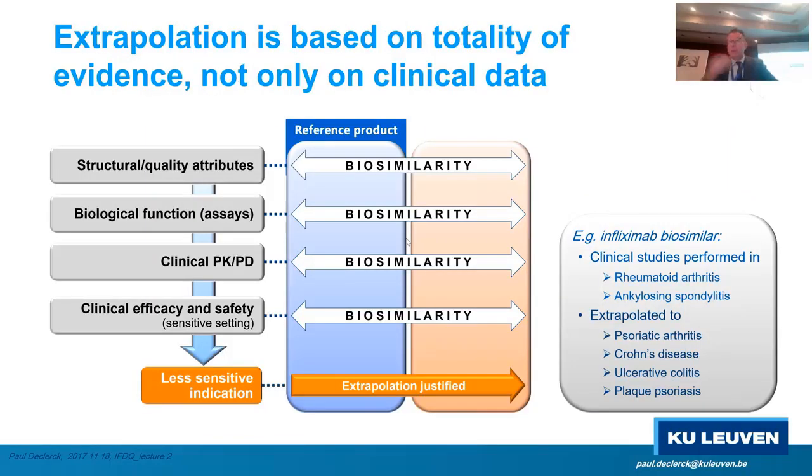This is not just a fancy idea, this is based on the entire concept of biosimilarity, where we do not rely only on the clinical data, but we start with a very stringent and very detailed structural comparison, for which we have shown biosimilarity between the biosimilar and the reference product at a level, as you can see here, structural, biological, in vitro.